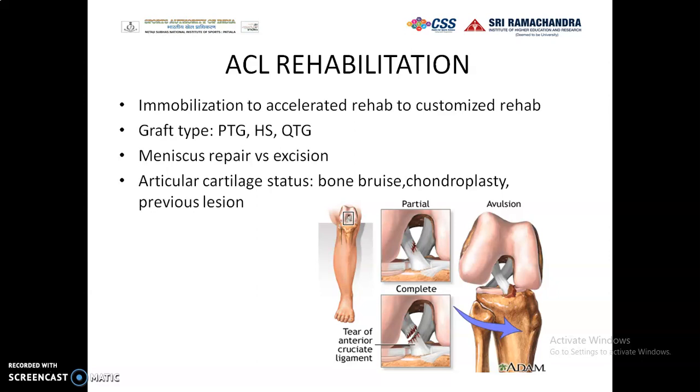And all the ACL rehabilitation is scientific and customized, considering all the variables, and mostly it's associated with ligamentous injuries. ACL injuries are most common in female athletes, as high as 9:1, and mostly operated. So ACL can be treated surgically most of the time.